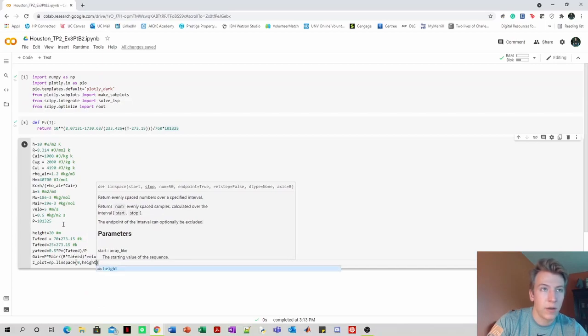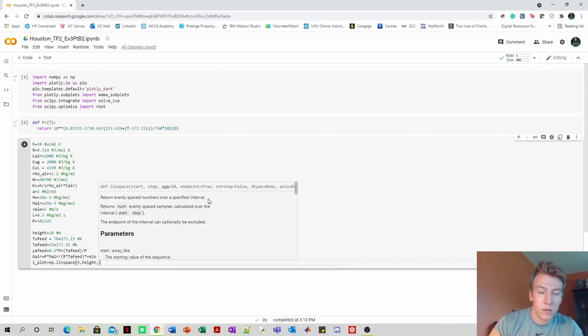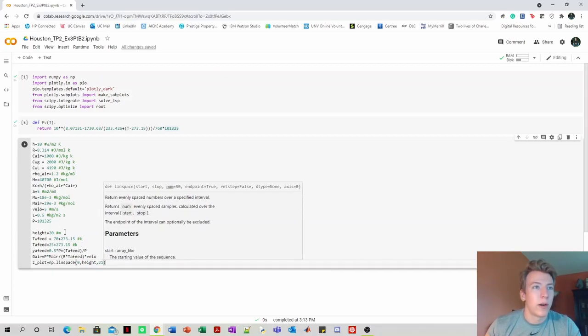As you can see how it describes here, it returns evenly spaced numbers over a specified interval. So starting from 0 to the given height, which was 20 meters, you're going to have 21 evenly spaced values from 0 to 20 meters, which is what is going to be produced under z plot.